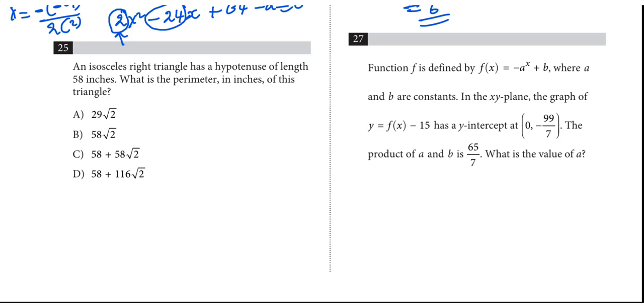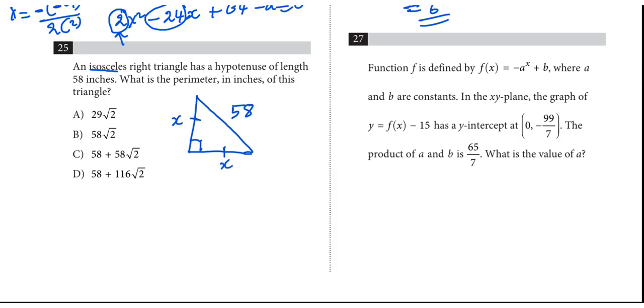So we can draw the right triangle like this, and because it's an isosceles right triangle, it means that this length is equal to this length, while the hypotenuse is 58 inches. So now we need to find these two lengths, so we can make this to be x and this x.